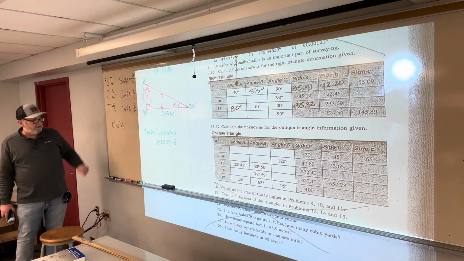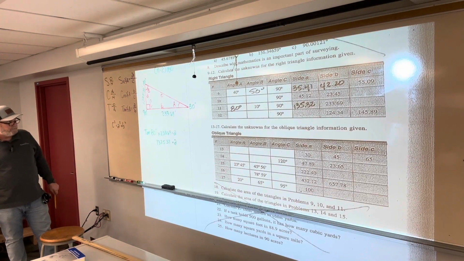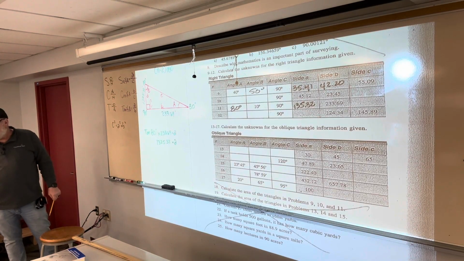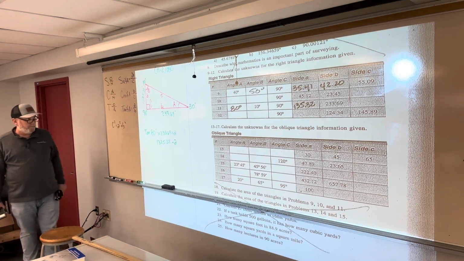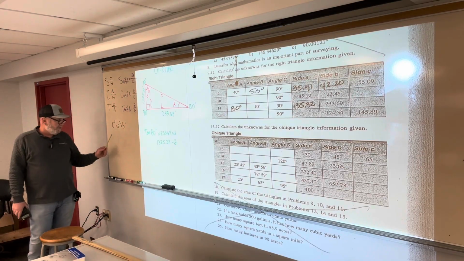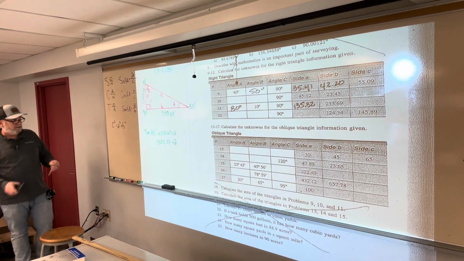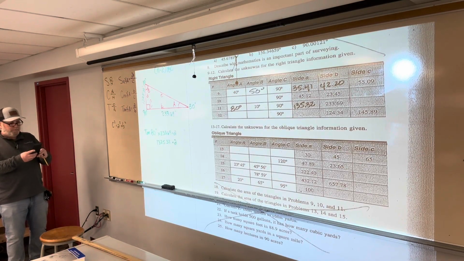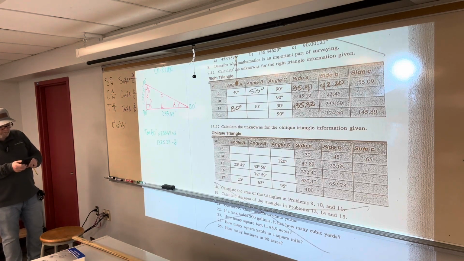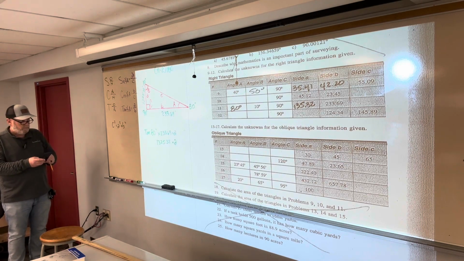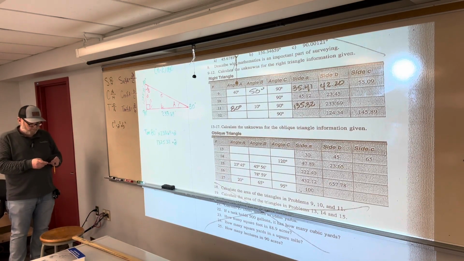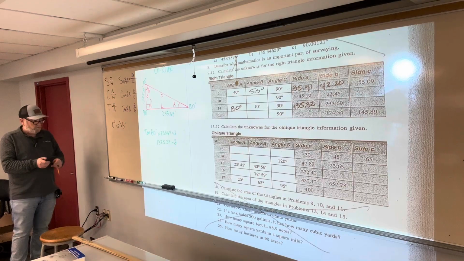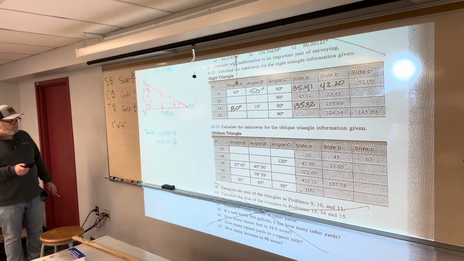Now, if you want, you could jump up and use the cosine, or you could do the Pythagorean theorem again. If I have A, I have B, let's find C. So C in this situation equals B over cos A, right?